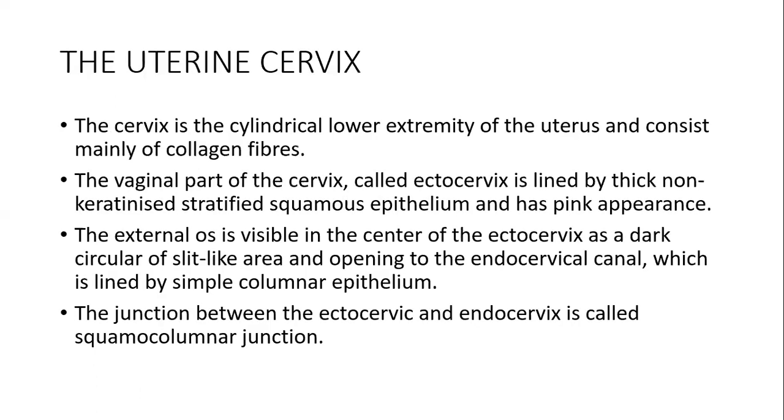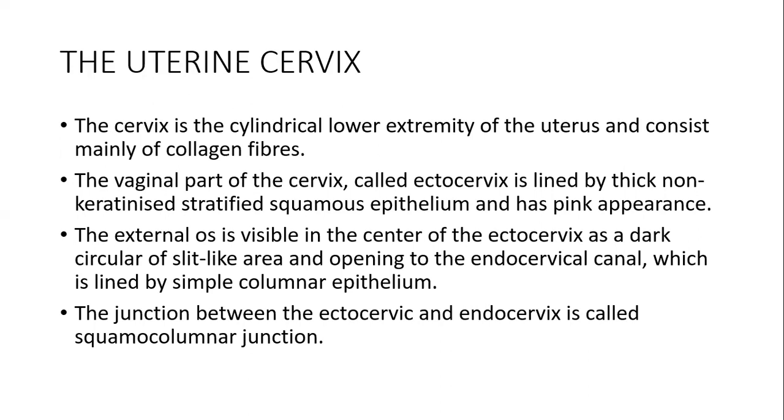So we all know the cervix is the cylindrical lower extremity of the uterus, mainly consisting of collagen fibers. There are two main parts. There's a part of the cervix that is within the vaginal walls, known as the ectocervix. This part is lined by non-keratinized stratified squamous epithelium.